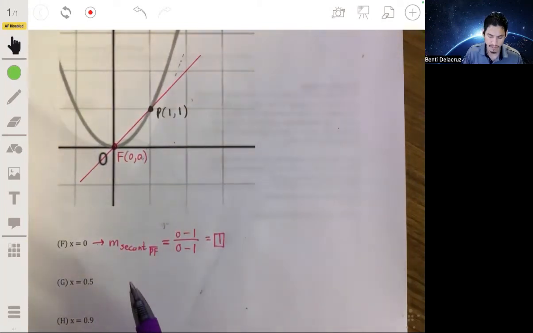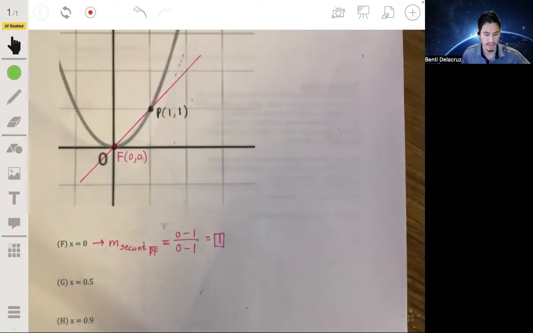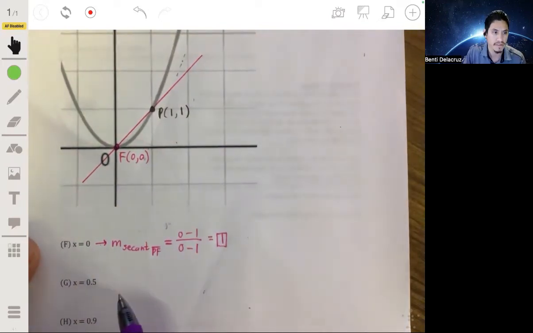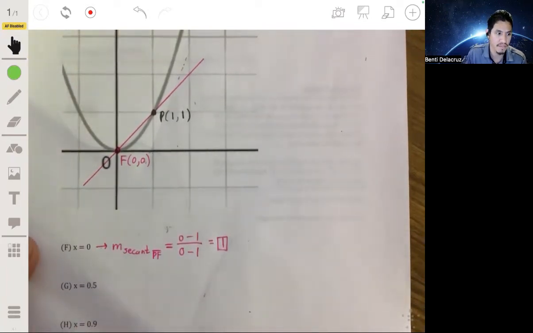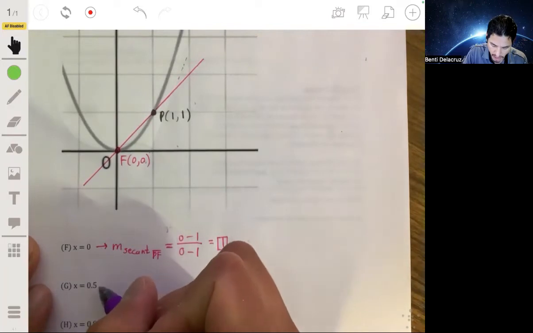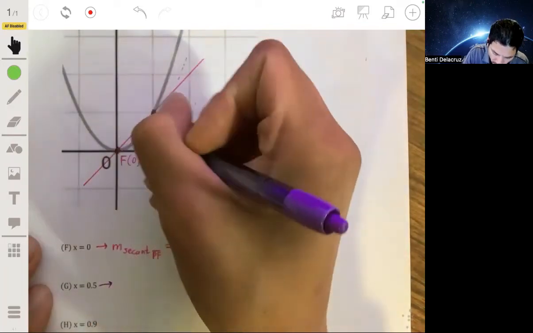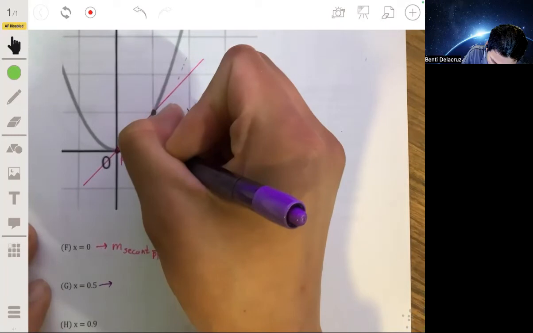Now I'm going to go through the rest of these a little bit faster, since we probably got the idea down. This will save you some time. But if you're good with this, you can feel free to jump ahead into the end part of the video. So here we're going through the point x is 0.5, which will be like this.